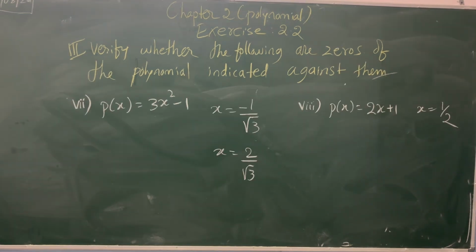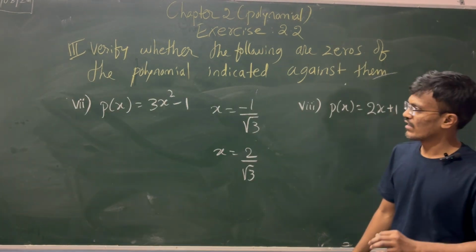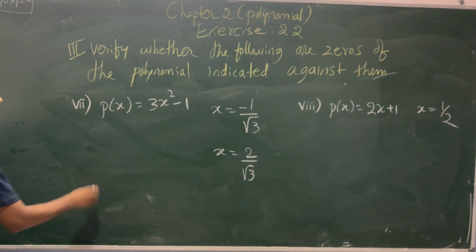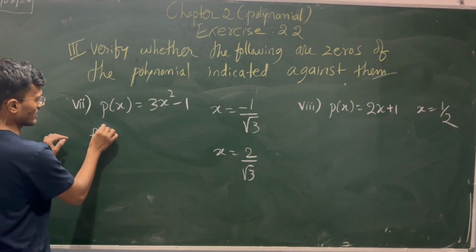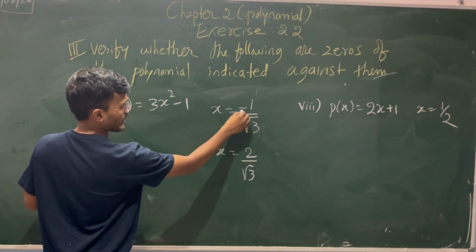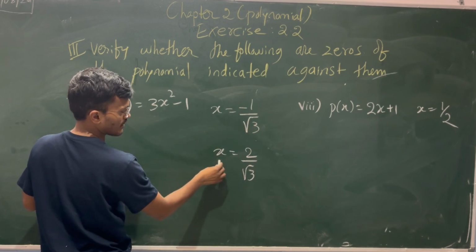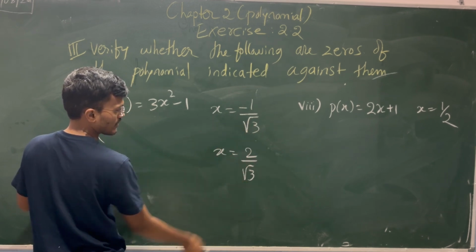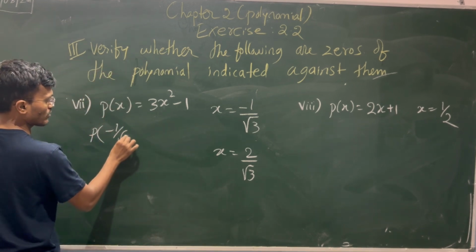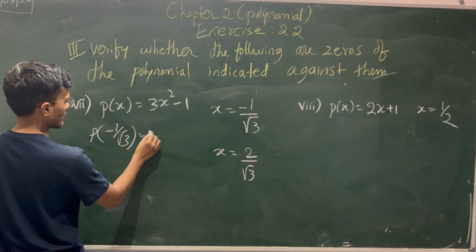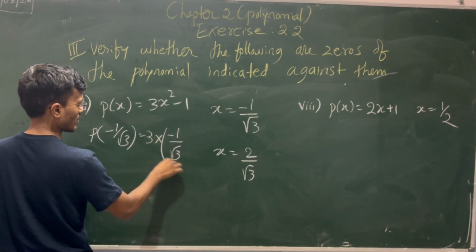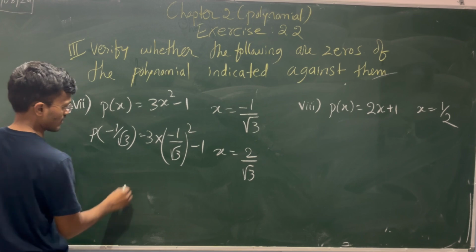So now the next question is question number 7. P of x, here they gave 2 x values. One is minus 1 by root 3. Another one is x equal to 2 by root 3. So minus 1 by root 3. Here 3 into minus 1 by root 3 whole square minus 1.